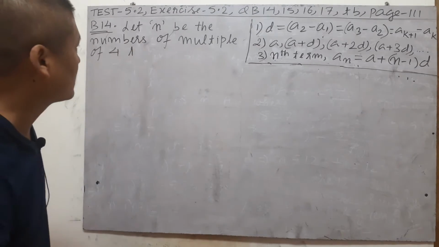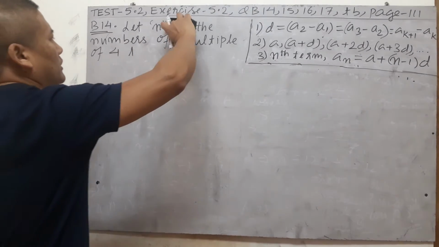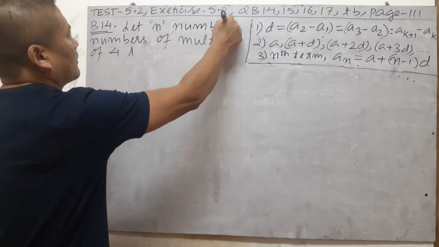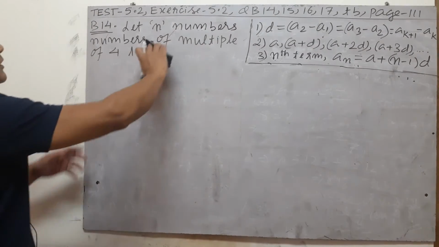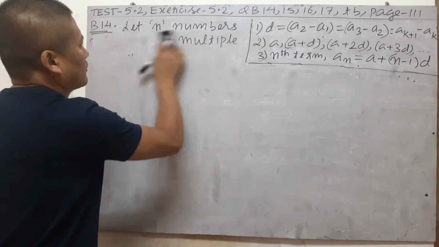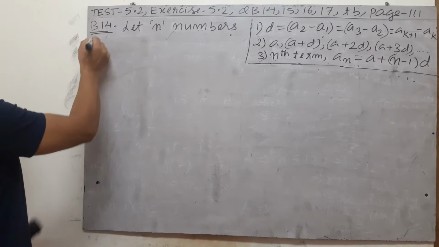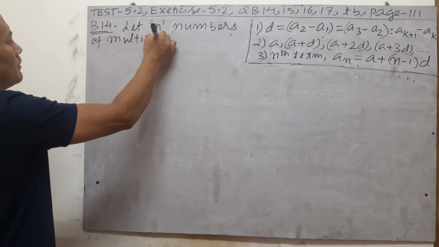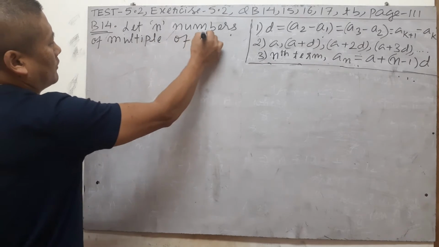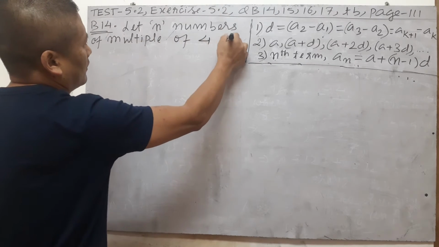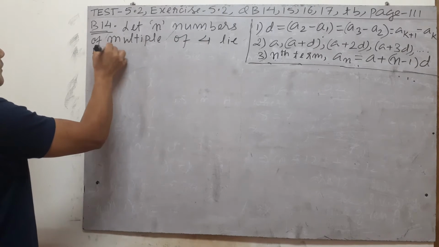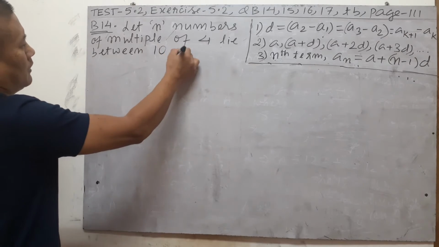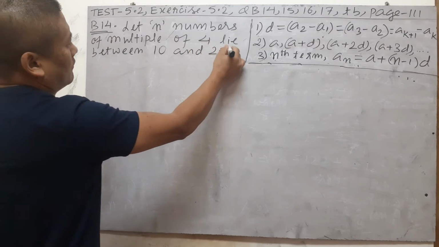Okay, let me just make it simpler. Let n numbers of multiple of the number 4 lie between 10 and 250.